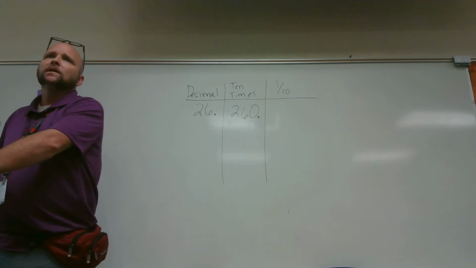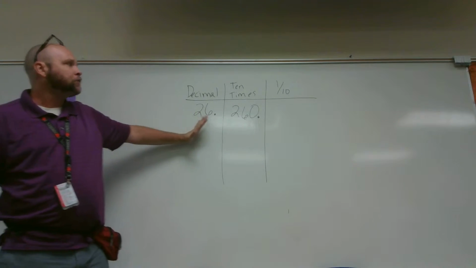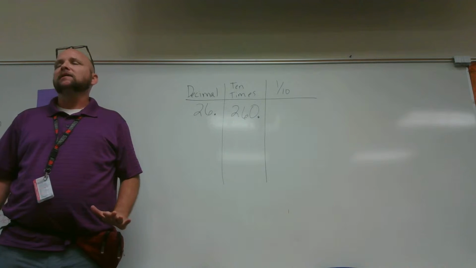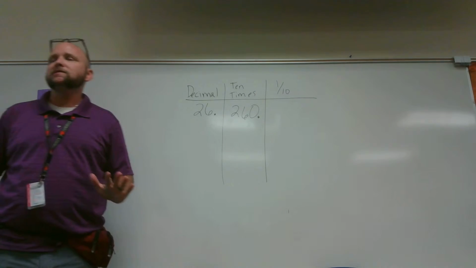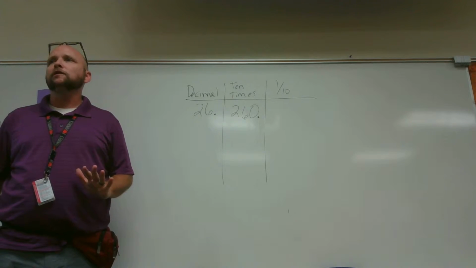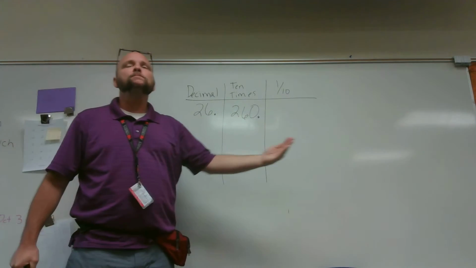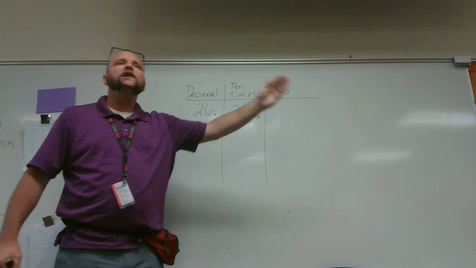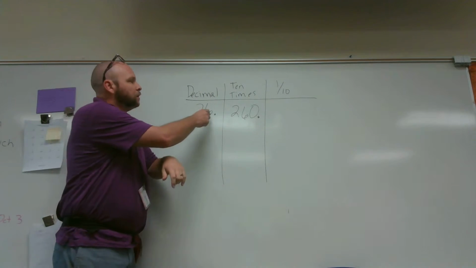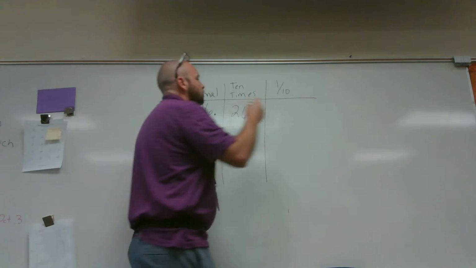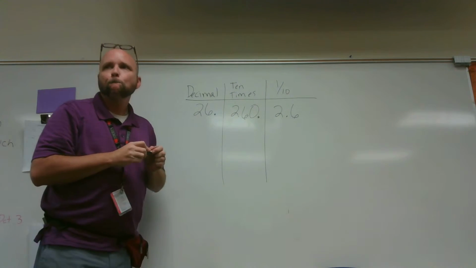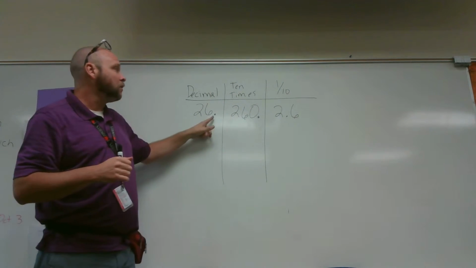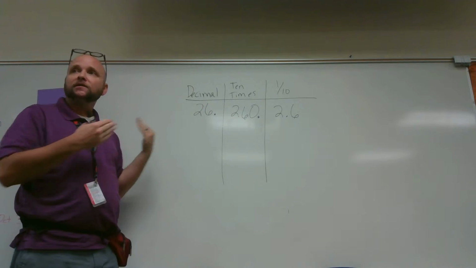Now, if we're multiplying to make it 10 times greater and moving our decimal point to the right once, then if we're making it smaller, we're moving it to the left once. So from here, it goes between the 2 and the 6. To make it smaller, you move your decimal point to the left.